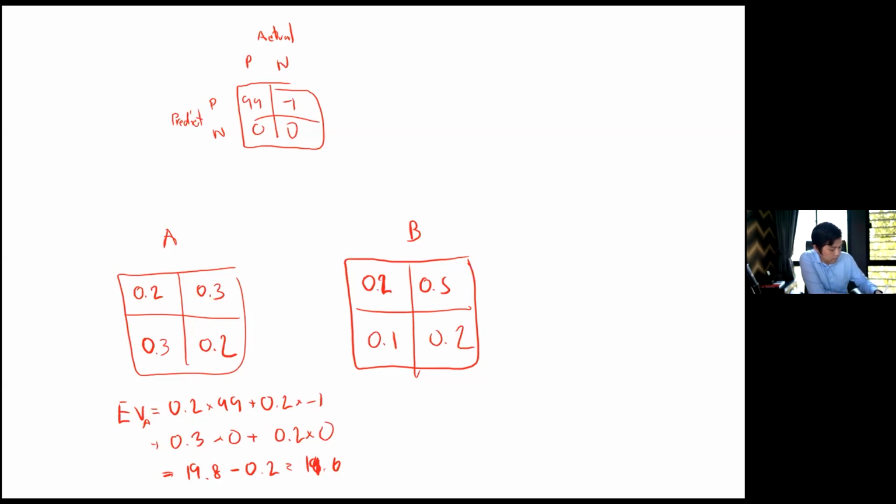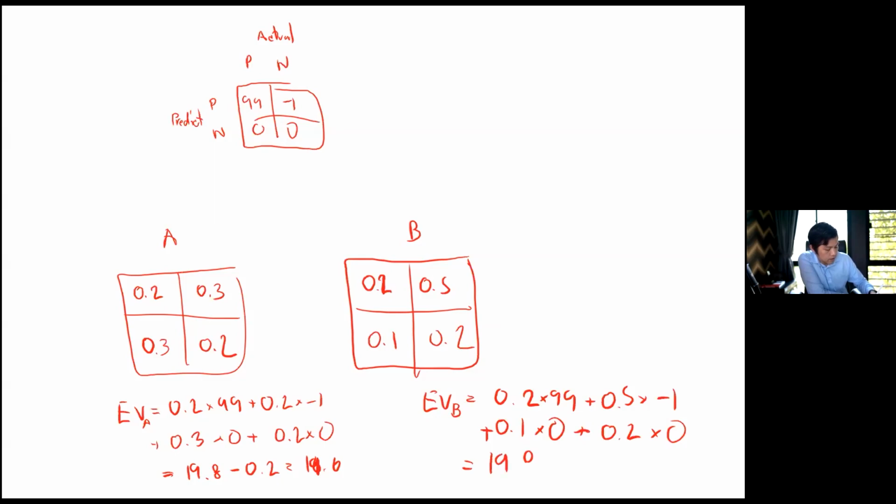And for EV of B, this would be 0.2 times 99, and then plus 0.5 times minus 1, 0.1 times 0 plus 0.2 times 0, and this is 19.8, and then minus 0.5, so this is 19.3.